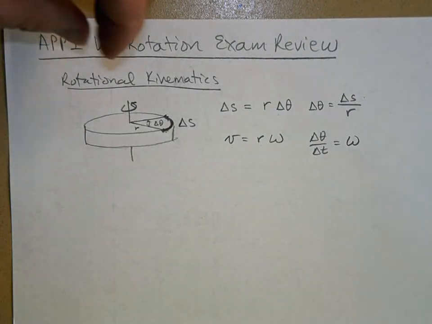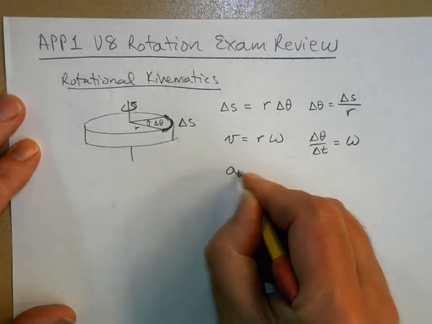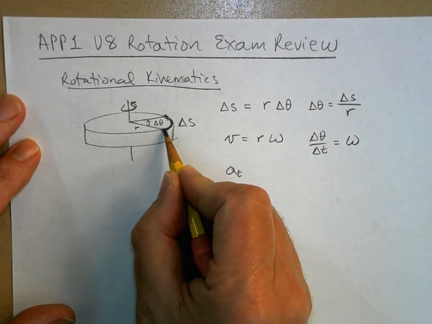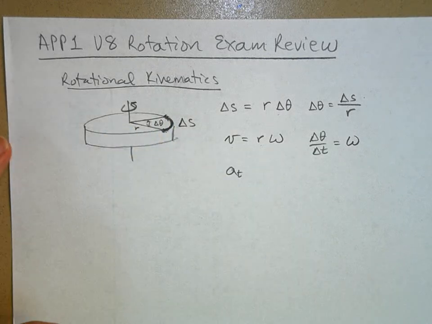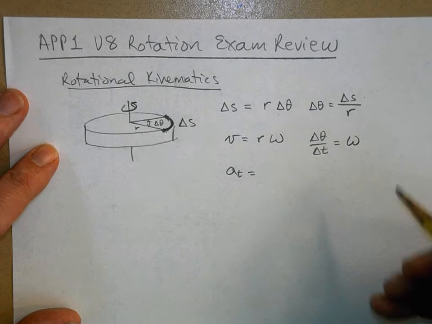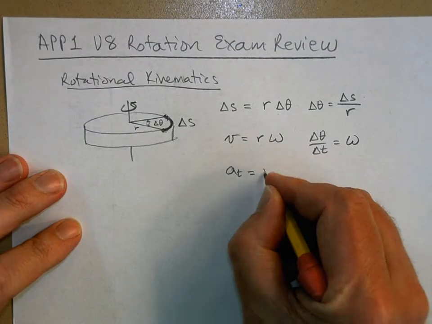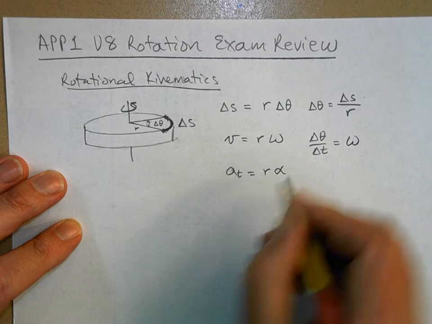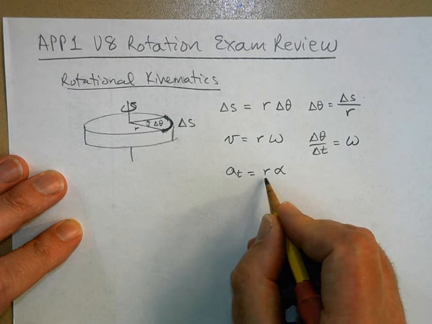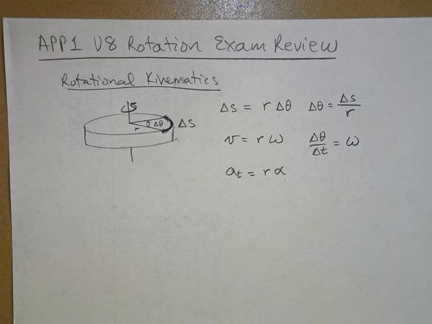Now, if I'm accelerating this thing, that is, if there is a tangential acceleration of our object, that is, the speed is getting faster and faster, well, the tangential acceleration is equal to r times alpha, and alpha is the angular acceleration in radians per second squared.